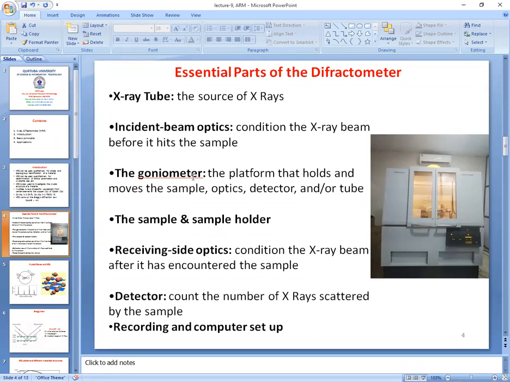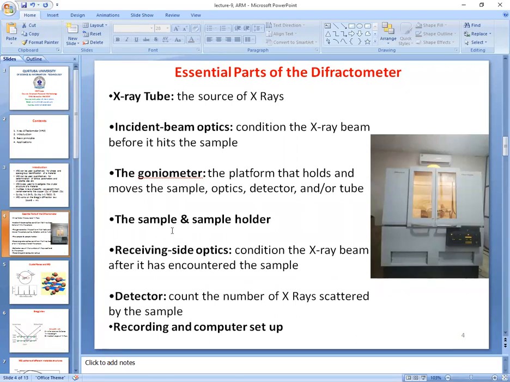The goniometer is the platform that holds and moves the sample, optics, detector and X-ray tube. So the goniometer is an assembly on which the sample holder is placed, and it is also connected with the detector, so you can move the sample in three dimensions.